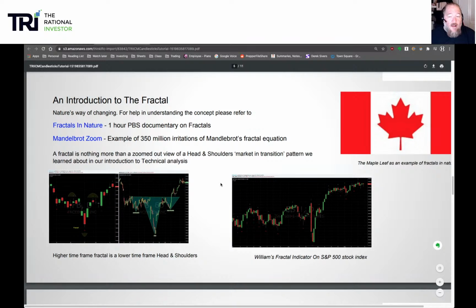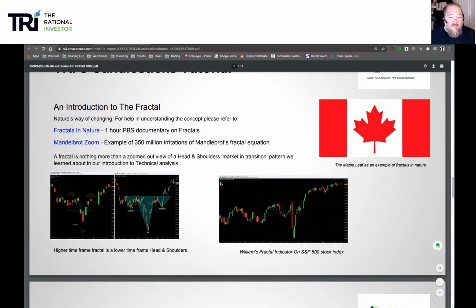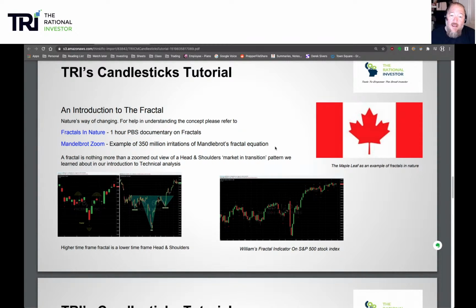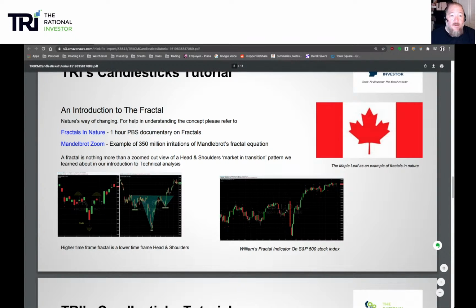So as Brian describes in here, a fractal is really nothing more than a zoomed out, so a higher time frame view of what's a head and shoulders on a lower time frame. And we learned about that head and shoulders market transition pattern previously, right?